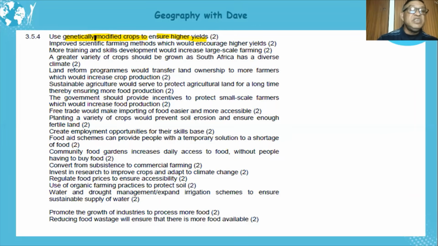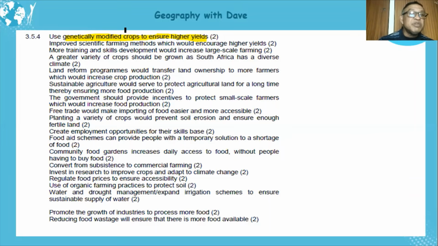So we can't just say use genetically modified crops. We have to say to ensure higher yields. There's more output because those crops are bigger, isn't it? Now it tells you that you're assisting with regards to reduction of food insecurity, or bringing about food security. It must be answered in full.